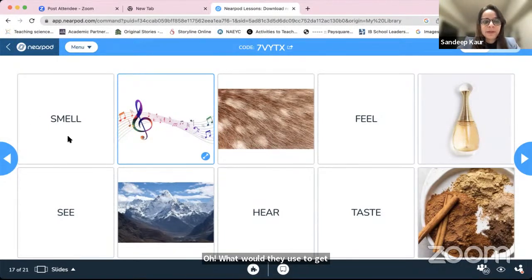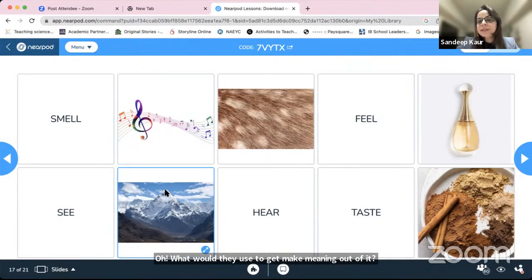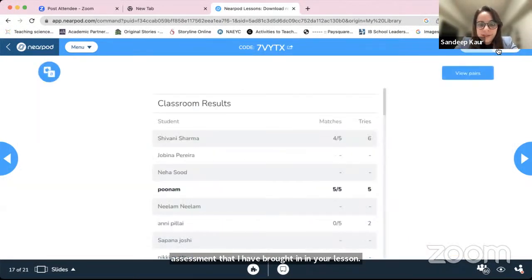For example, if there's smell, what would connect with smell, right? So this is an activity that can be brought in. This is not a VTR, but it is an ongoing assessment that I have brought into your lesson. All right, so you can engage in this. Great.